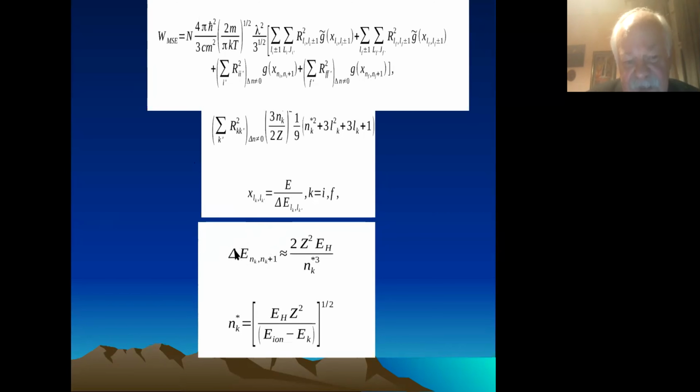Here is given the difference between the level of the spectral line, initial or final, and this virtual perturbing level.